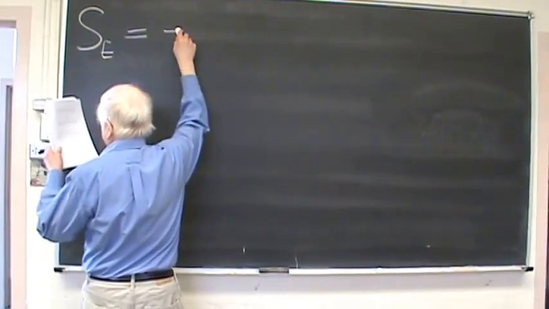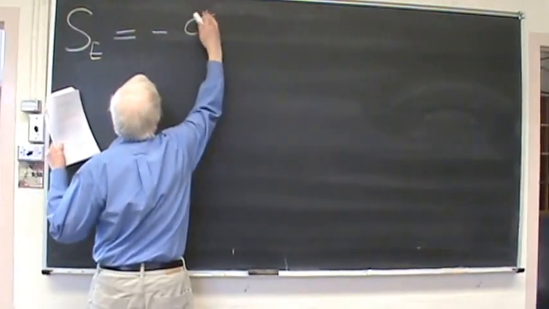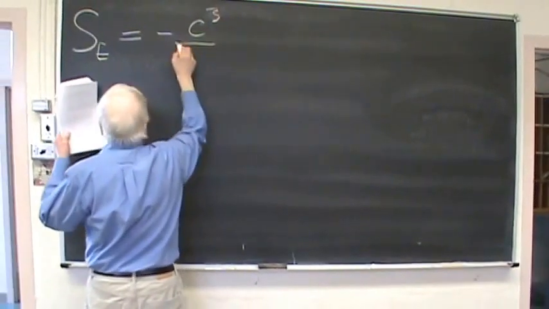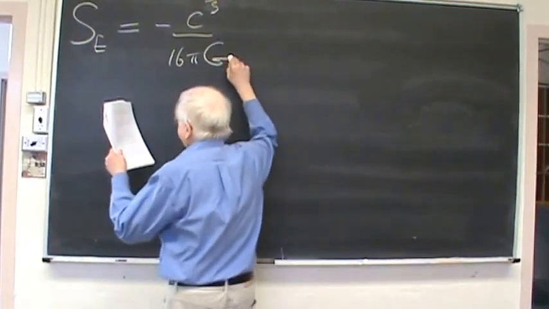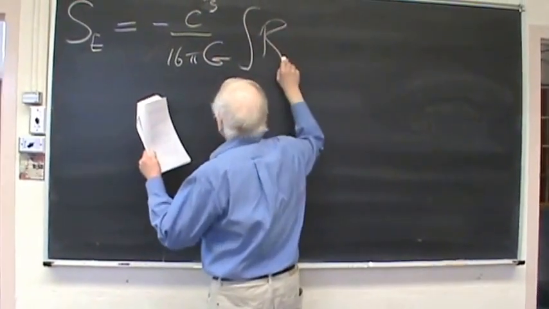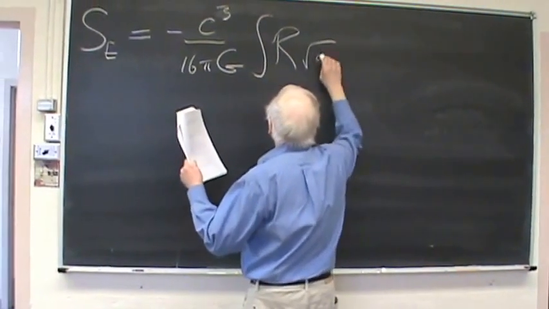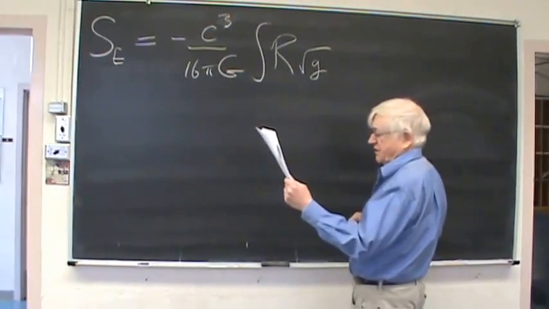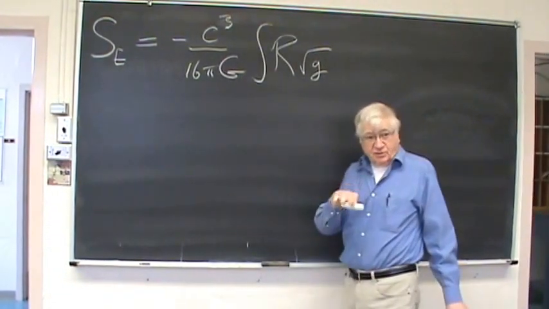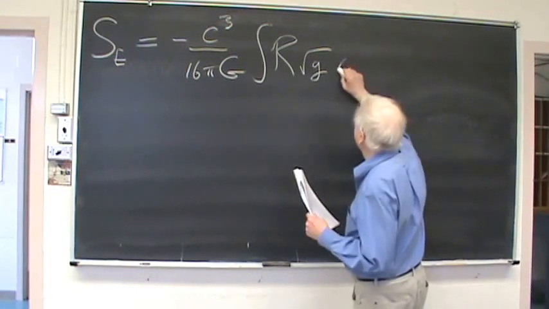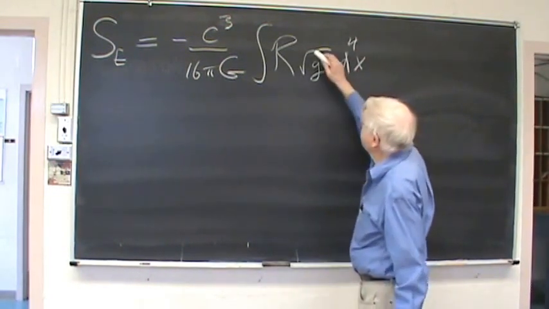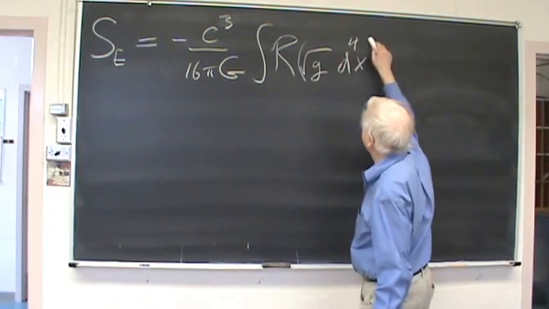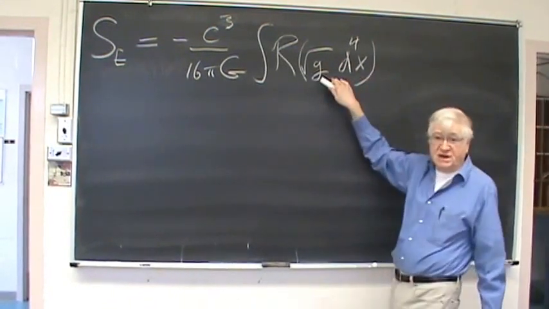basically the simplest action you can write down, and it's minus c cubed over 16 pi big G, an integral of R, square root of the absolute value of the determinant of the metric tensor with lower indices, and then d4x. Now this part of it is just a real scalar.